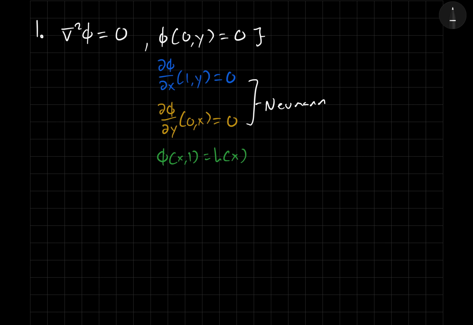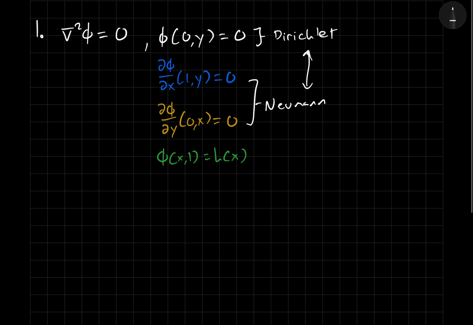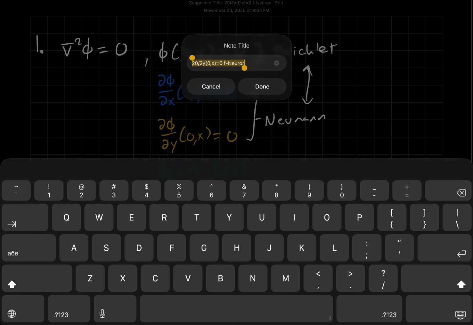And ones where the value itself is equal to 0 are called Dirichlet boundary conditions. This might or might not be helpful, but it's good to put a name on things. So next, let's actually retitle this.